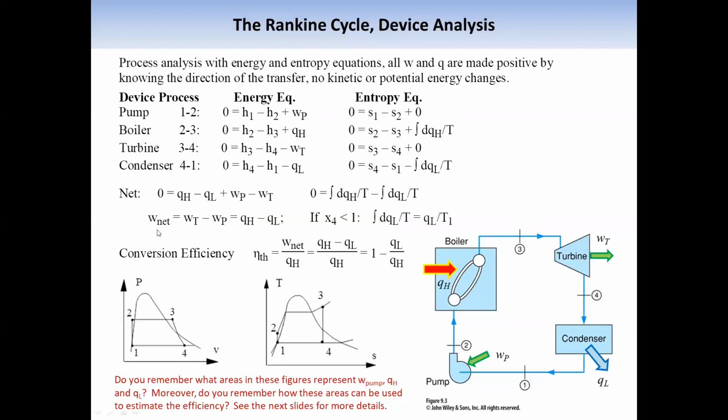So we get the equation: the turbine work minus the work done by the pump equal to the energy provided by the boiler minus the energy released to the condenser.